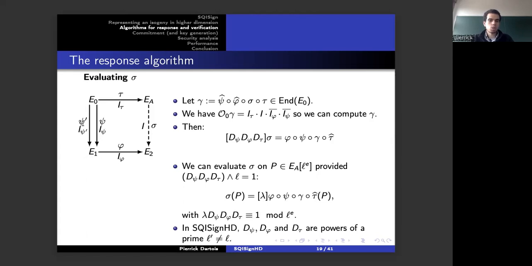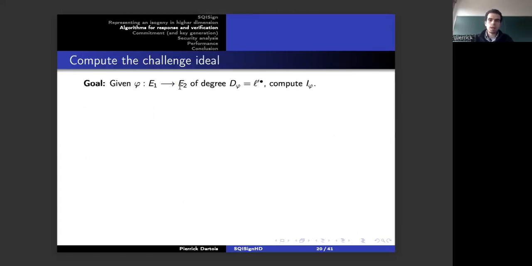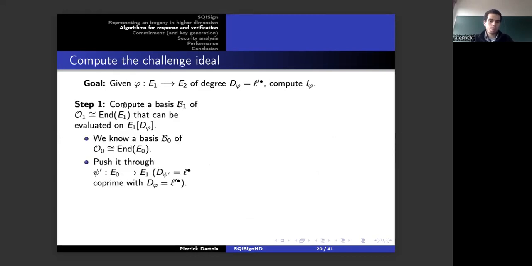So actually, that's the reason why we need a double isogeny path here. So maybe you wonder why there are two isogeny paths from E0 to E1. That's exactly for that reason. So let's explain how the kernel ideal of the challenge is computed right now. So first, we need the basis of the endomorphism ring of E1, the challenge. To do that, we take a basis of E0 that we know, and we push it through our alternate path from E0 to E1.